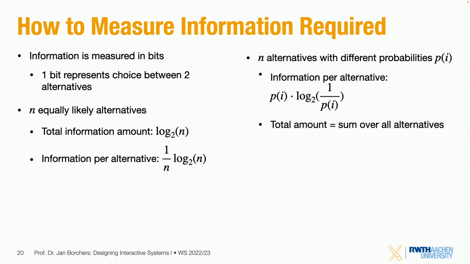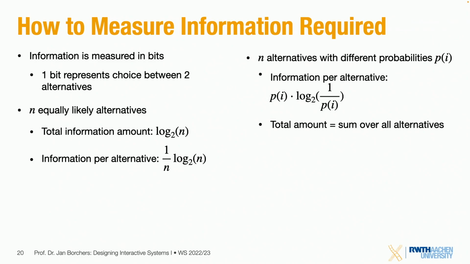If I have a probability p_i for a certain alternative, for example, if it's less likely that negative numbers are being entered in my temperature converter than positive ones, or if you have a text and it's much less likely to enter the X key than the E key, then each alternative has an information content of its probability times log 2 of 1 divided by p_i.